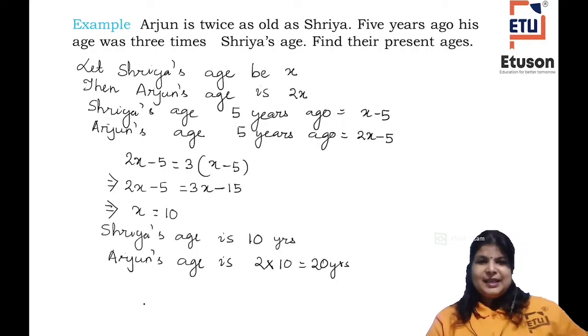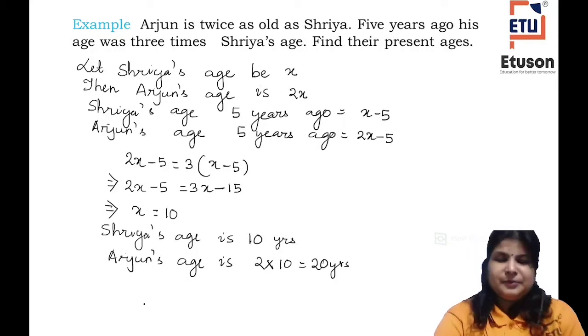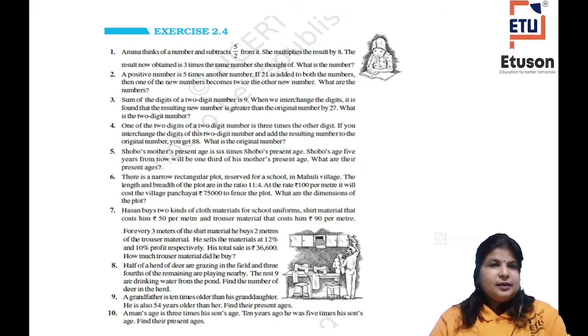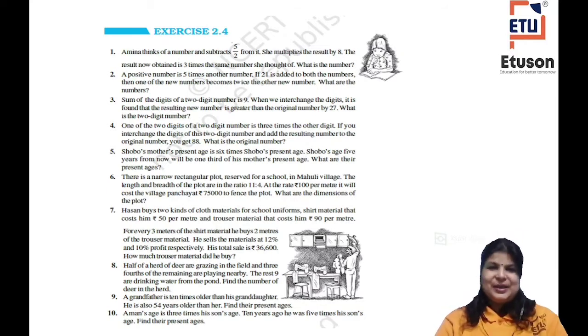So next is nothing but your exercise. What I have done is, in case you don't find the question in your book, or you misplaced your book, then in the slide you have all the questions. For that purpose only I have brought all the questions in the slides.